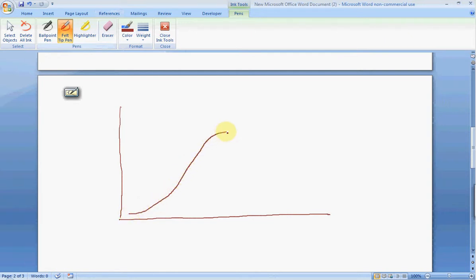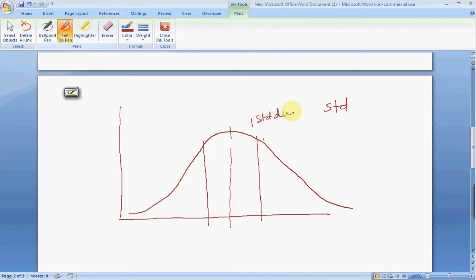Suppose there is a normal distribution curve for anything, and this is the mean, and I'll mark the standard deviation. The data would be spread like this. This distance is one standard deviation, say +1, -1. This is +2, -2, and +3, -3 standard deviations away from the mean.